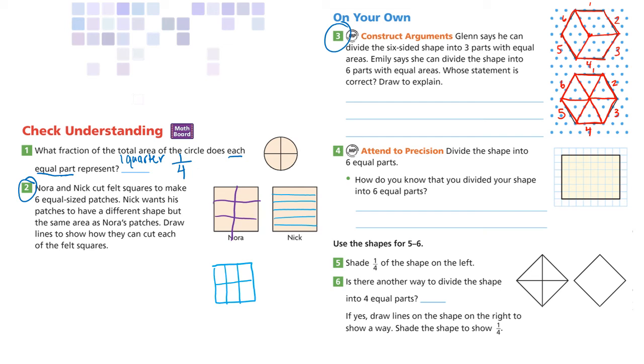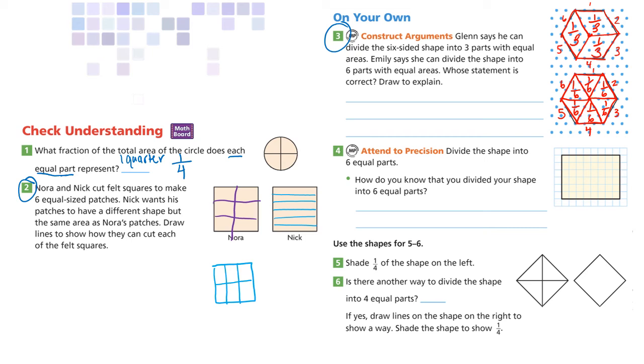So 1/3, 1/3, and 1/3, and 1/6, 1/6, 1/6, 1/6, 1/6, and 1/6. Okay, so I agree with both of them because they were able to divide their shapes into their respective equal parts.